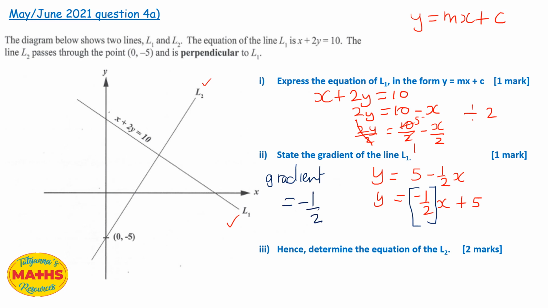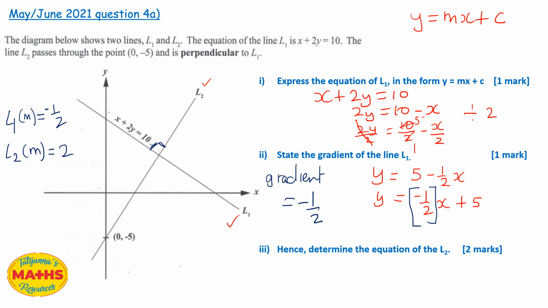Hence, determine the equation of the line L2, which is perpendicular to L1 and goes through the point (0, negative 5). So if line 1's gradient is negative a half and it is perpendicular, it forms a right angle, so L2's gradient would be 2.